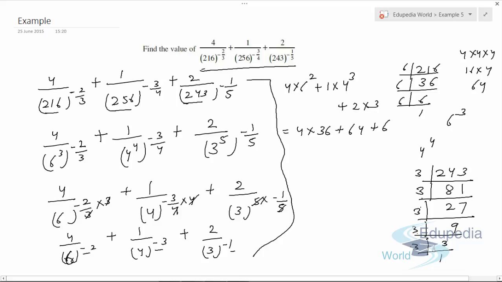Now 36 into 4 is 144 plus 64 plus 6. So when we add 144, 64 and 6, the answer will come out to be 14, 6 4s are 10, 11 and 240. So the final answer is 214.